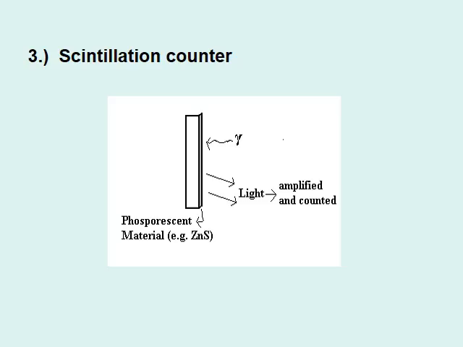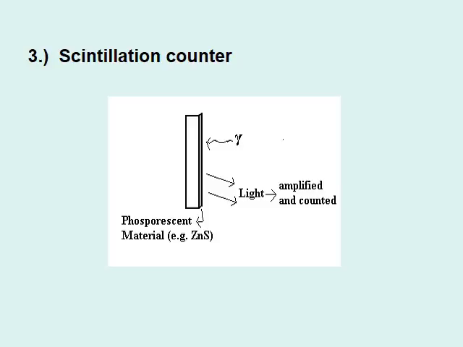Scintillation counter. In this device, there is a plating of phosphorescent material like zinc sulfide, for example. They're light sensitive. Whenever a gamma radiation or energetic radiation strikes the plate, like with zinc sulfide, it gives off light, and that's amplified and then counted.